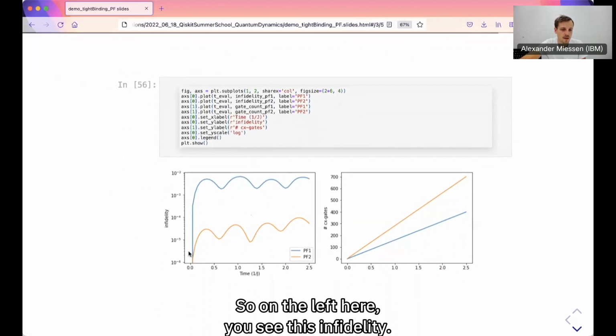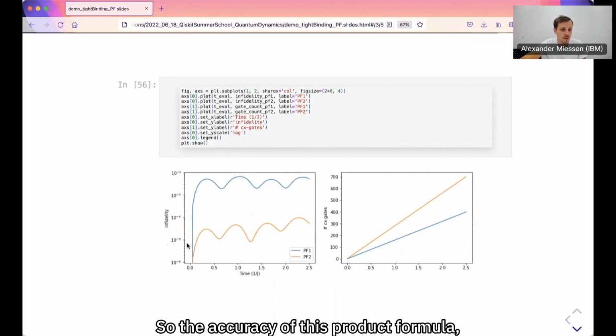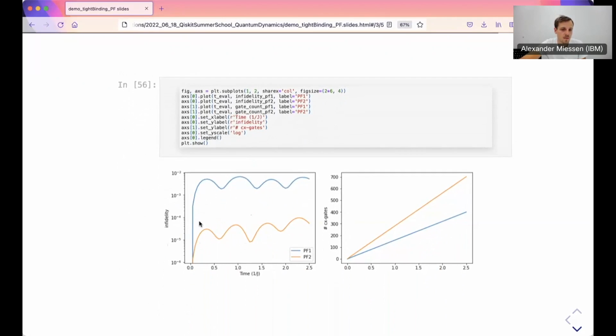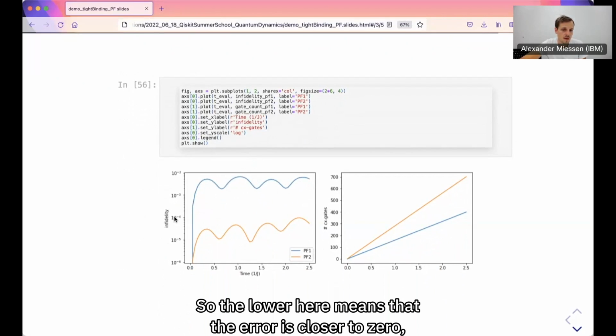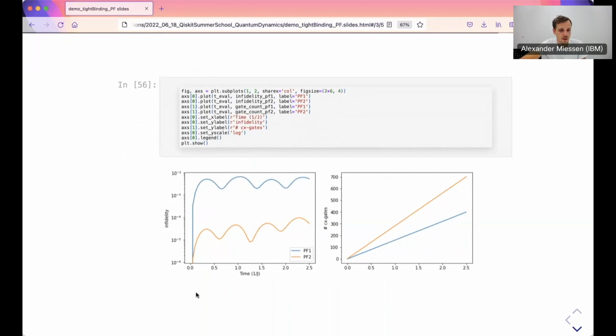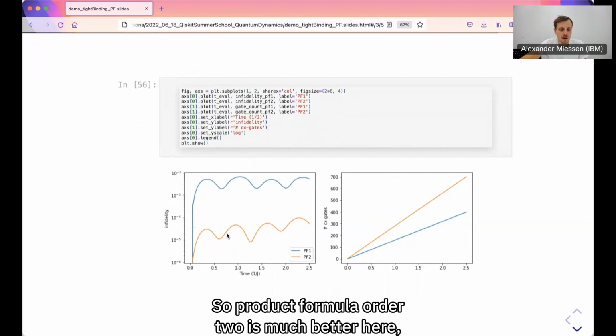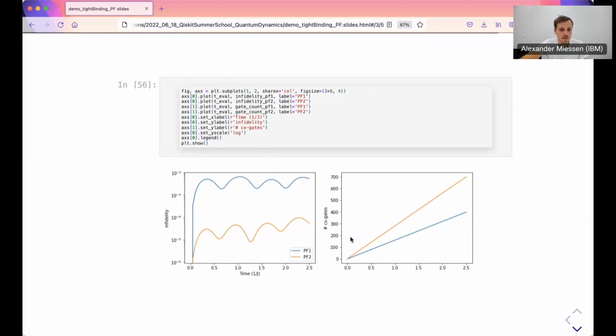On the left here, you see this infidelity, so the accuracy of the product formula order 1 and order 2 simulation, where you see that order 1 is much worse than order 2. The lower here means that the error is closer to 0, which we want. So product formula order 2 is much better here.